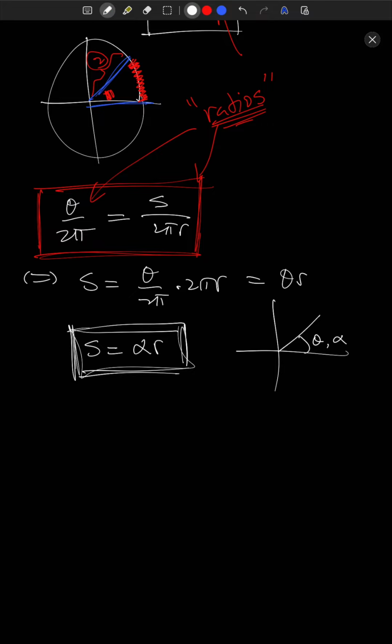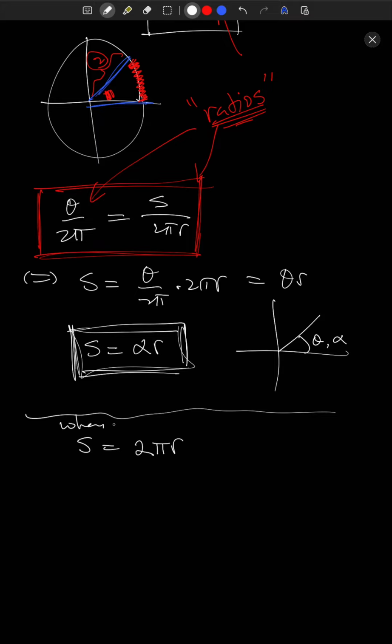So let's do a quick check. Does this formula actually make sense? What happens if my angle were the entire circle, my angle were 2 pi? Then what I should get for the arc length should be the entire circumference of the circle. Let's see if that actually holds. When theta is equal to 2 pi, I get S is equal to 2 pi r.